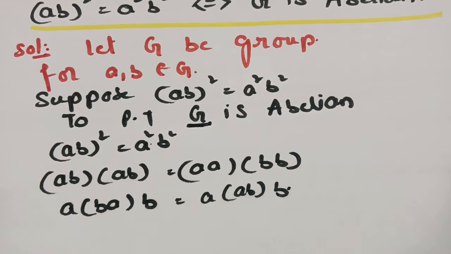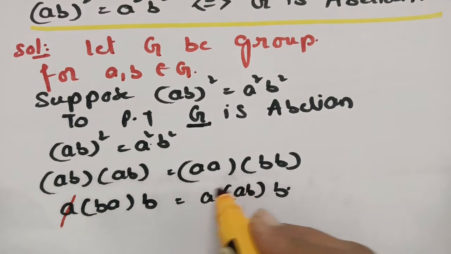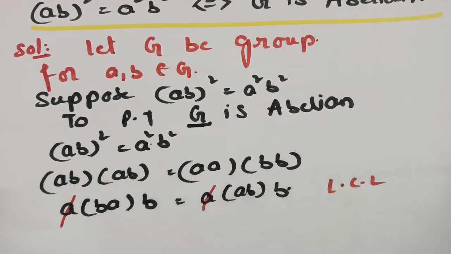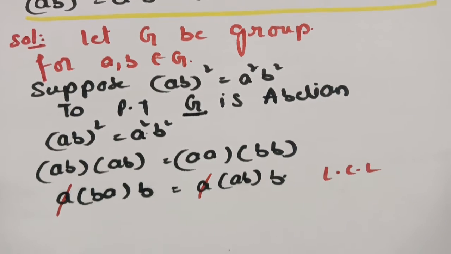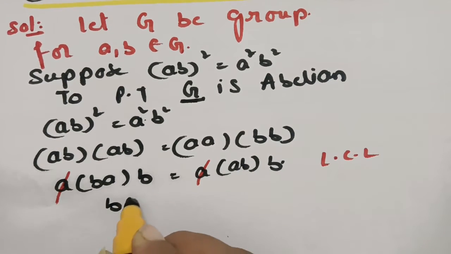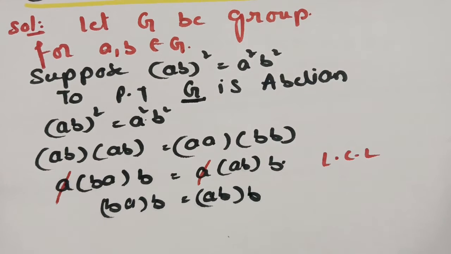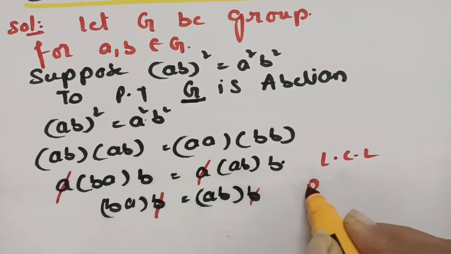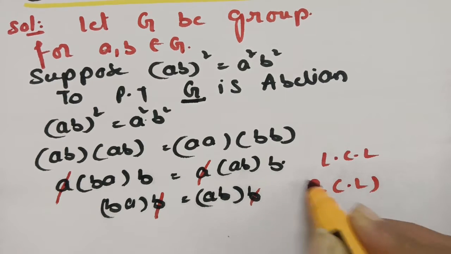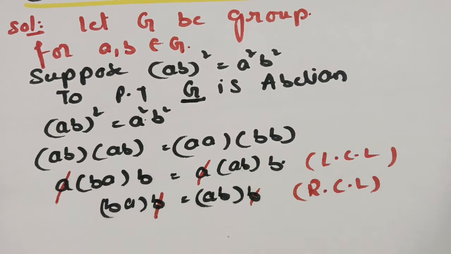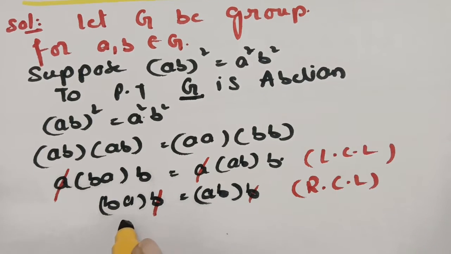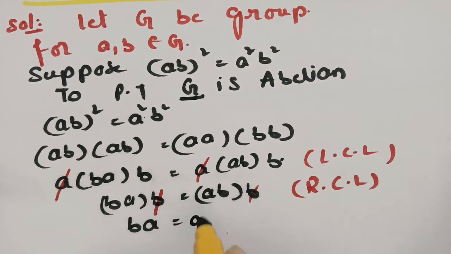Now if I make a left cancellation, using the left cancellation law, what is left over is BA into B, which is equal to AB into B. If I apply the right cancellation law, what remains is BA equal to AB.